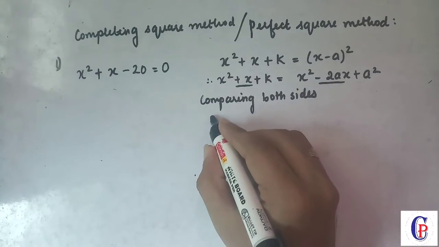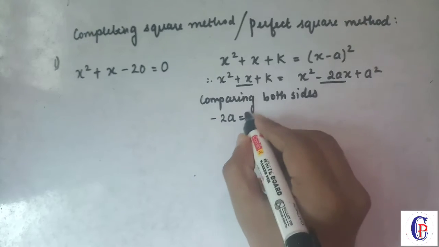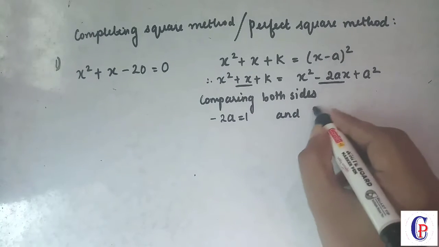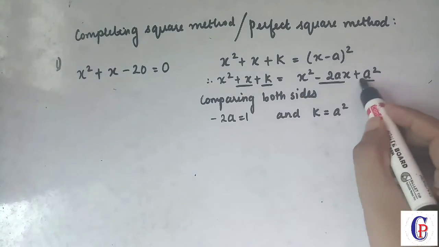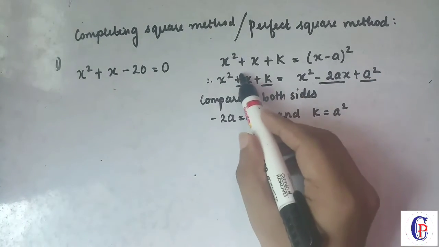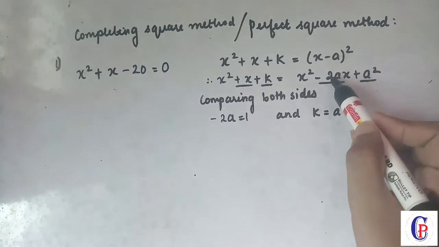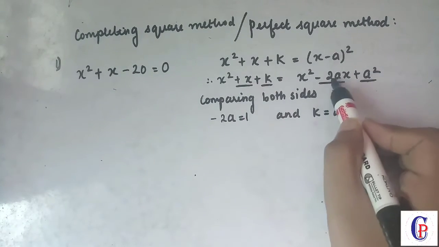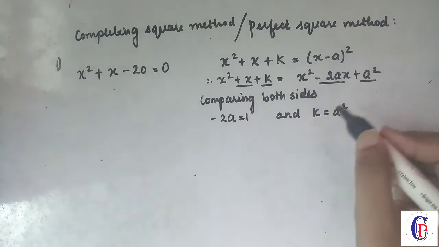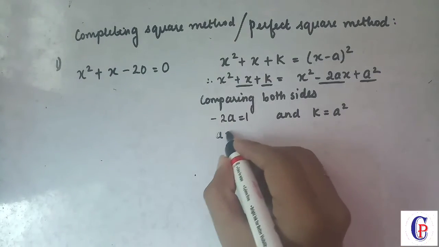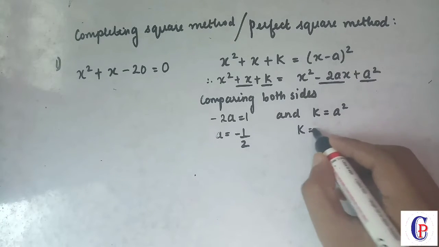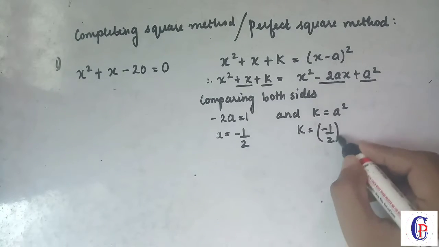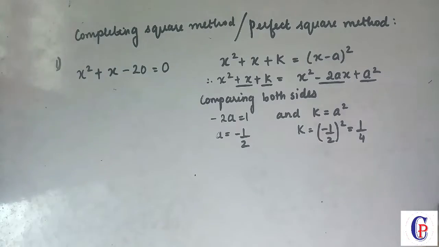So we can say that minus 2a is equal to 1 and k is a square. So from here we get a is minus 1 upon 2 and hence k will be minus 1 upon 2 whole square, that is 1 upon 4.